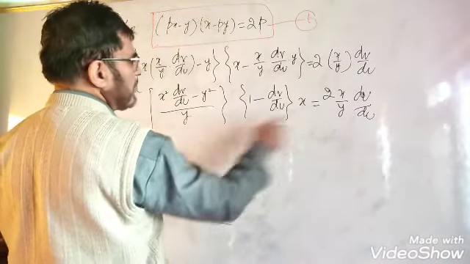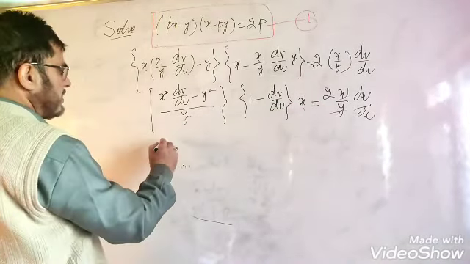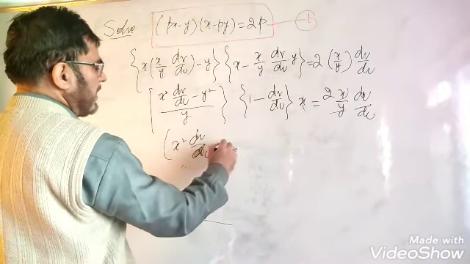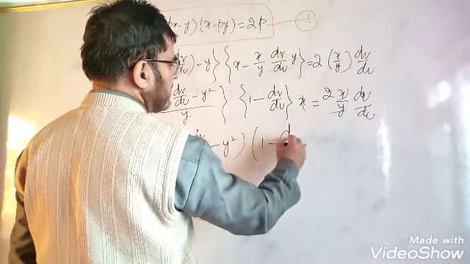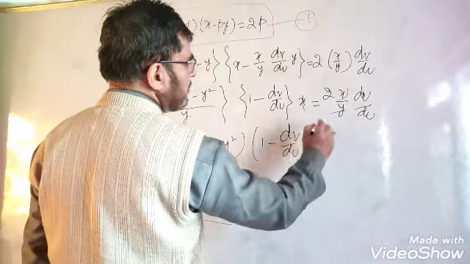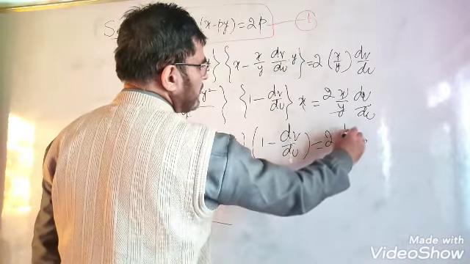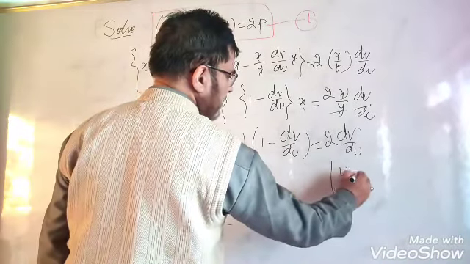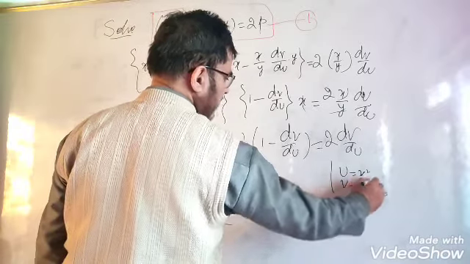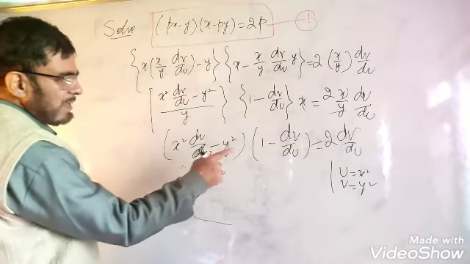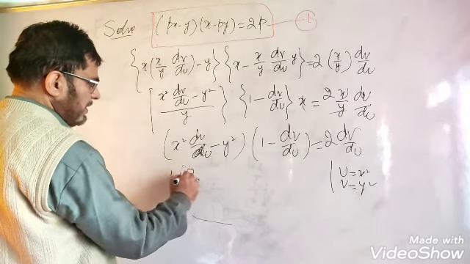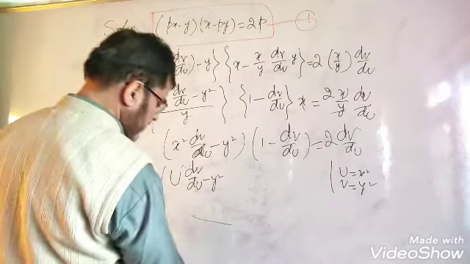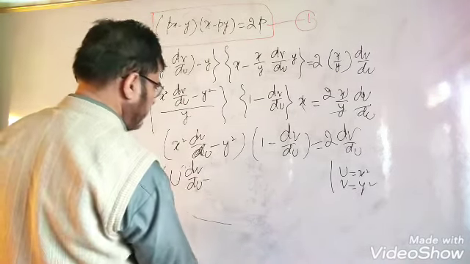Now you can get rid of this y and this x also. This gives x square dv by du minus y square into 1 minus dv by du is equal to twice dv by du. Now what happens? My u is actually x square and my v is y square. I can use x square as u, and y square is also v.